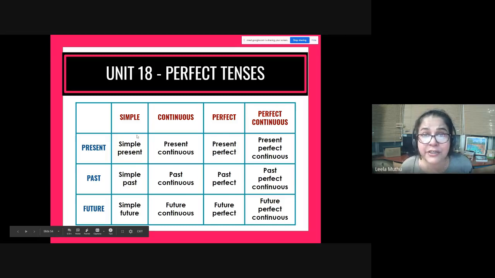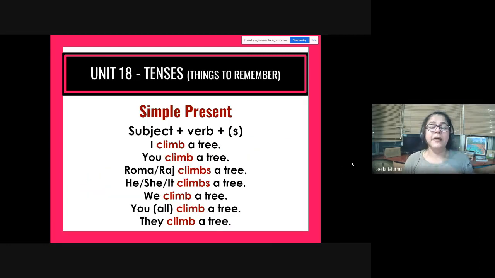Then you have the continuous, which is the present continuous, the past continuous, and the future continuous. Then you have the perfect tenses, which is the present perfect, the past perfect, and the future perfect. And then you have the perfect continuous, which is the present perfect continuous, the past perfect continuous, and the future perfect continuous. So, you have finished learning all the 12 tenses.